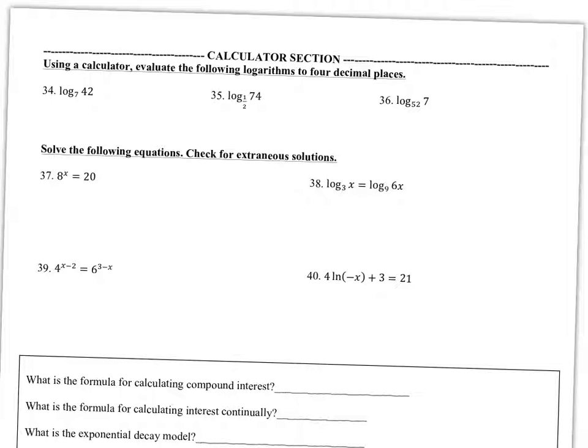And then I would just type in 7 for my base and 42. And I get 1.9208. And then 35 and 36, I'm just going to tell you what the answers are. If you have any issues with this, make sure you come and talk to me. It said round to 4 decimal points, so I did.